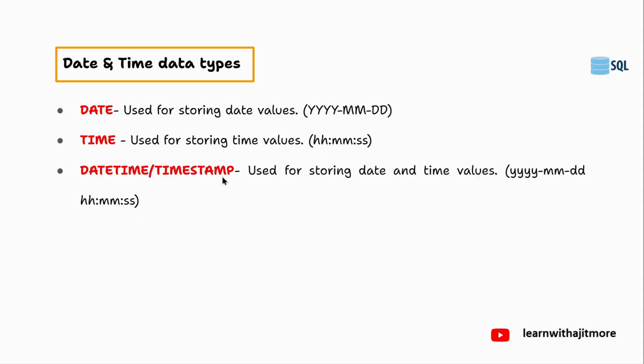Then we have datetime or timestamp. Both have the same behavior, for storing date and time values, both combined. Date will be there and time will also be there. Date and time is always needed. This is called a time series.